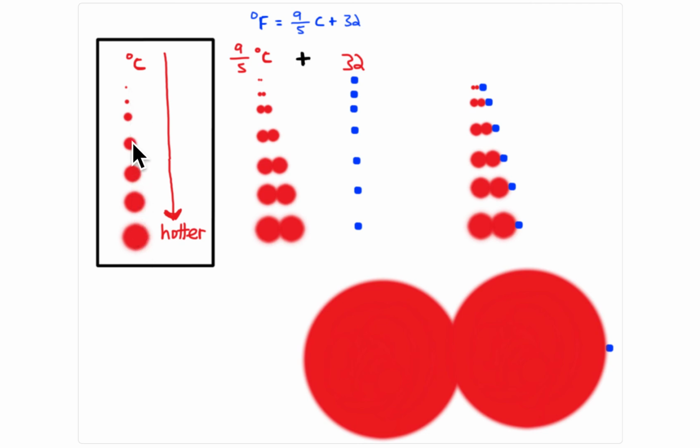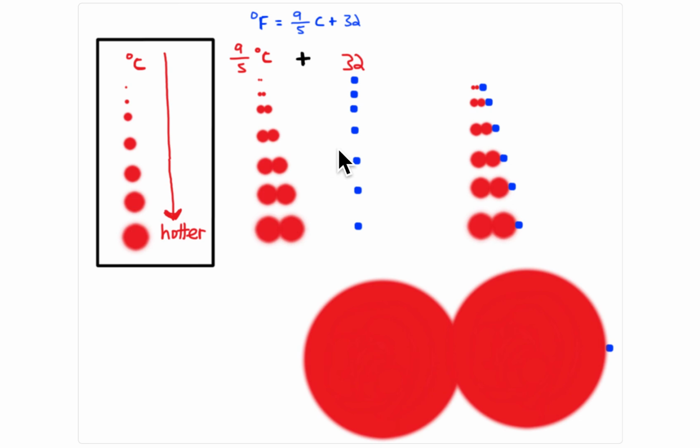As this gets larger and larger and larger, imagine that it's getting hotter and hotter and hotter. So to change this to degrees Fahrenheit, what do you do? Well, you multiply this degrees Celsius almost by 2. 1 8/10 is very close to 2. So what I did here is I just overlapped these dots just a tiny bit to show you that it's supposed to be a little bit less than 2. It's supposed to be about 1 8/10.